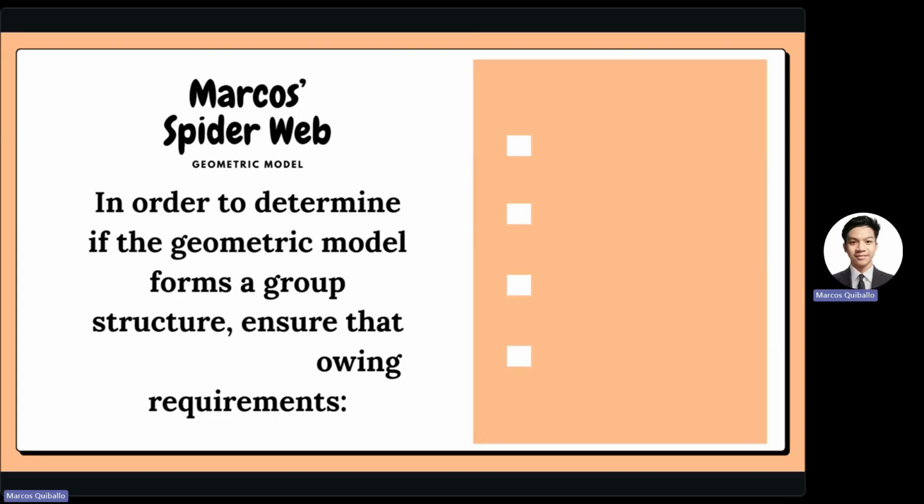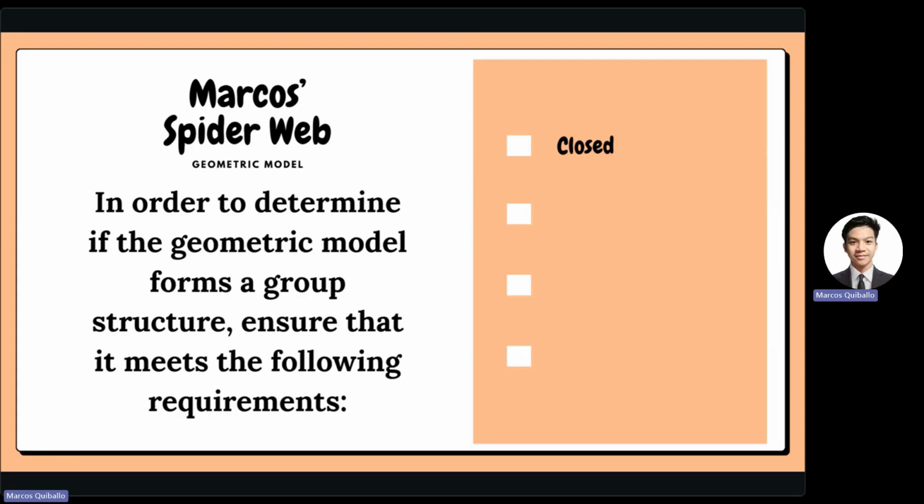In order to determine if our geometric model forms a group structure, we must ensure that it meets the following requirements. What are the requirements that need to be satisfied? First one is closure.